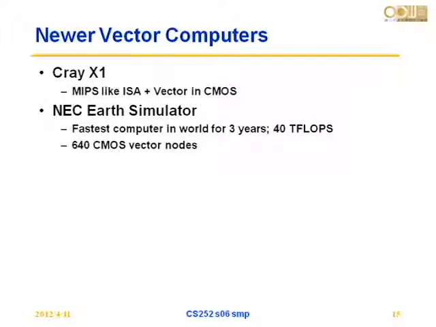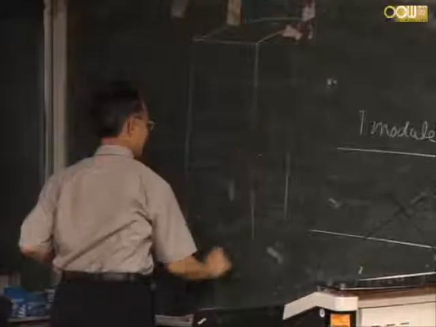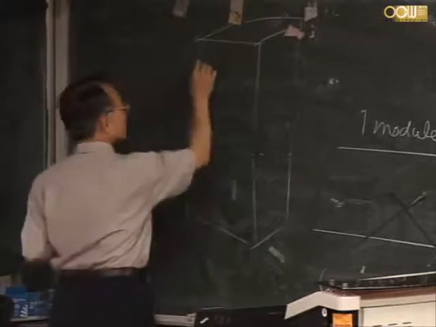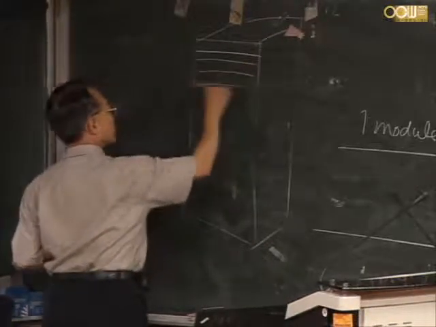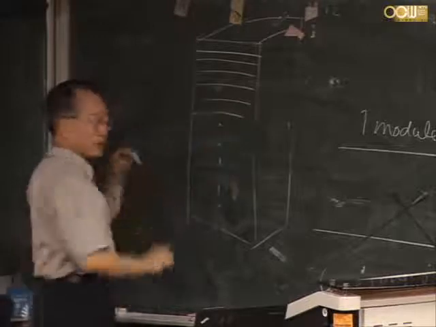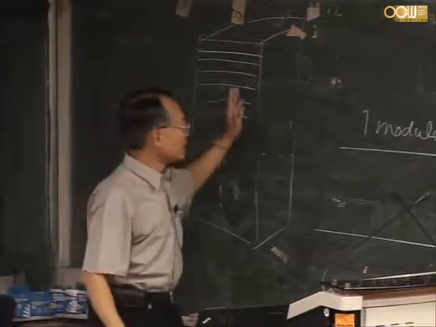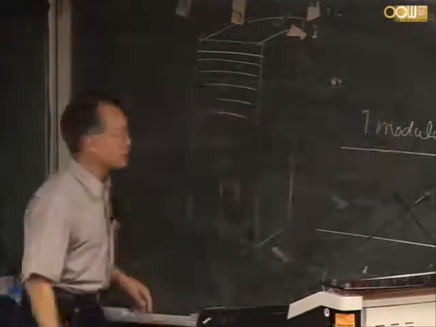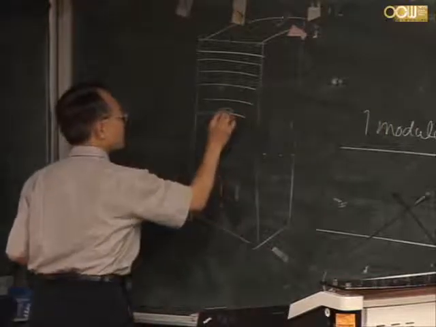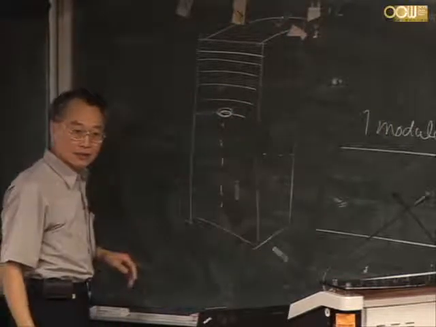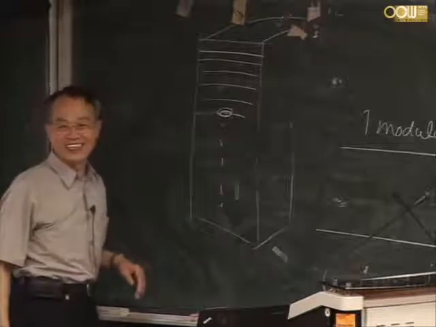So let me draw you a picture. This is my rack, a big chassis. This is my blade 1, 2, 3, 4, 5, 6. I may have hundreds of blades. I may have tens of racks. Tell me, can I have some specialized blades? Yes, of course.